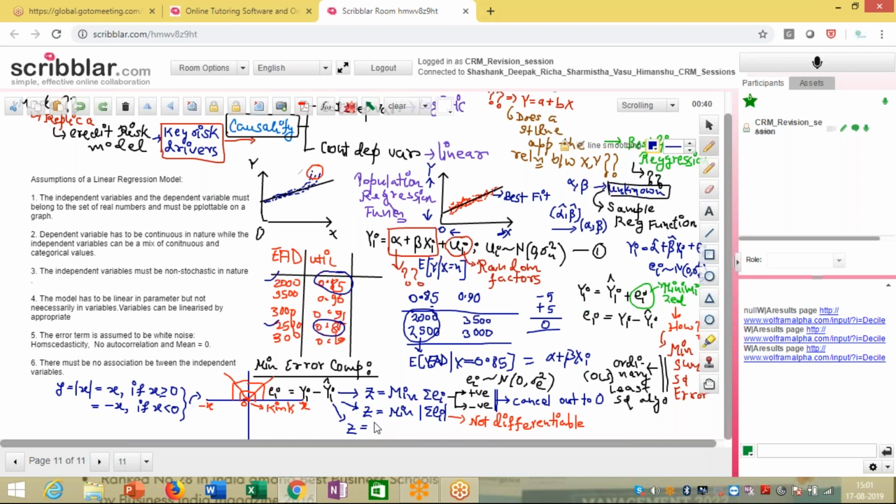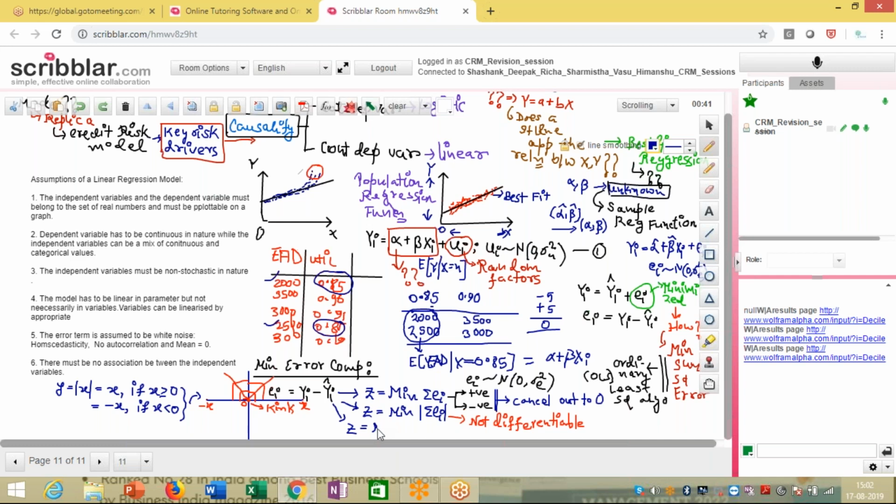So now I need to design an objective function which not only takes care of the sign but also of the differentiability of the function.